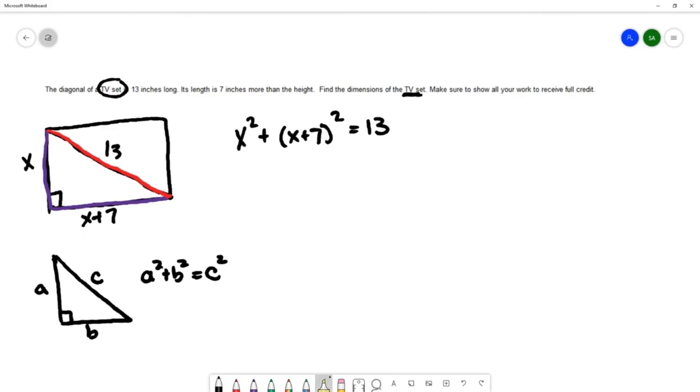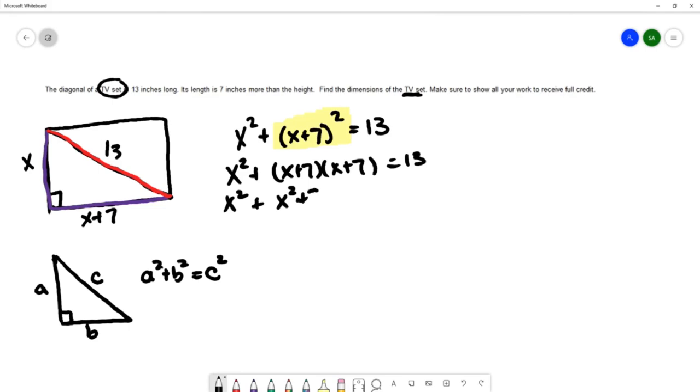I'm going to multiply out this x plus 7 squared. That's x plus 7 times x plus 7, and that's x squared plus 7x plus 7x plus 49. And x squared plus x squared is 2x squared, and 7x plus 7x will be 14x.